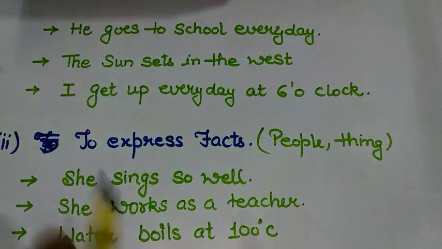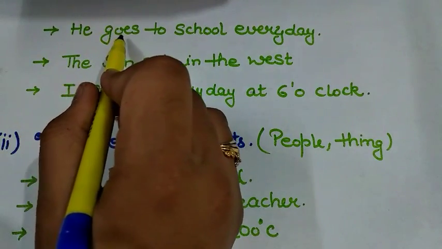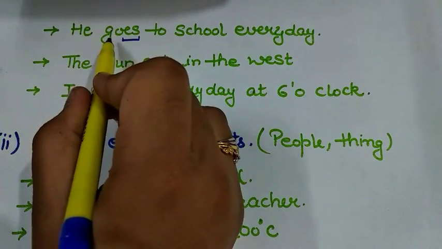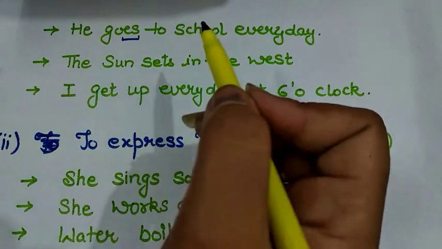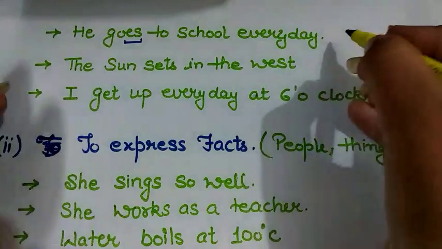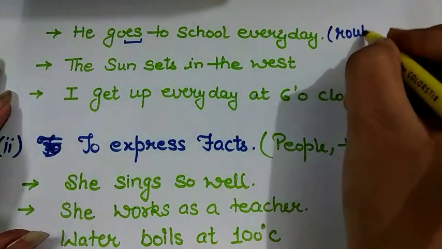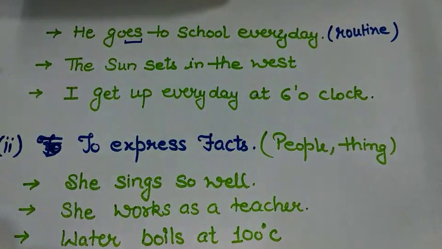Now see, here I have used the subject he and I have used the es form with the verb go. So, he goes to school every day is representing a routine action. So I have used simple present tense.